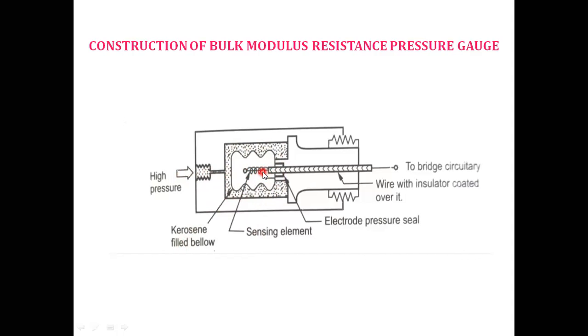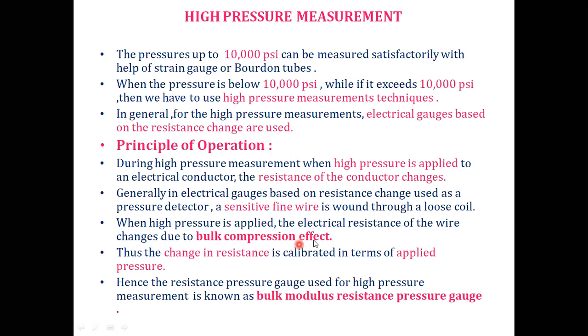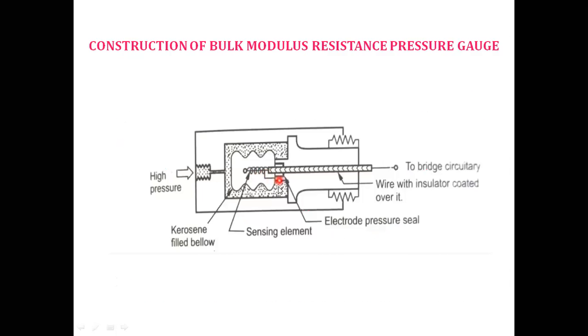We said wire wound, that wire wound. This one is the wire wound. Electrical loose coil: the sensitive fine wire is wound through the loose coil. And this is the electrode pressure seal.